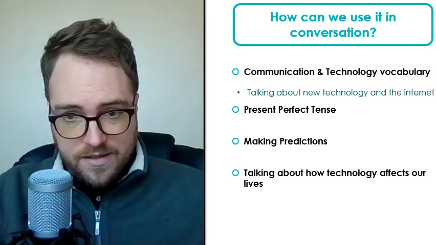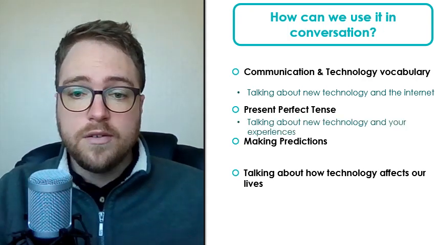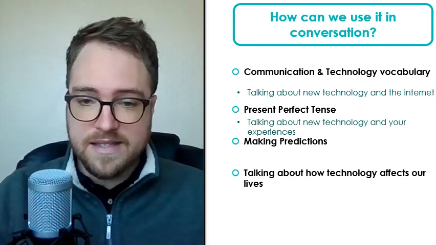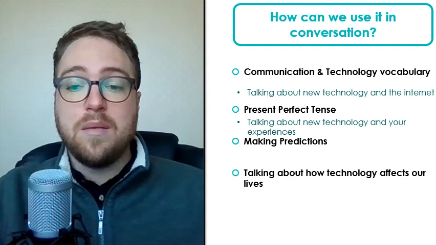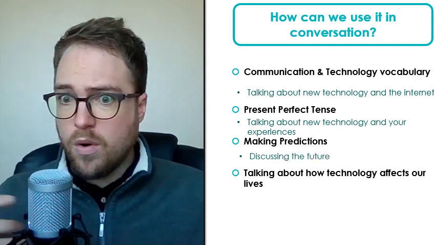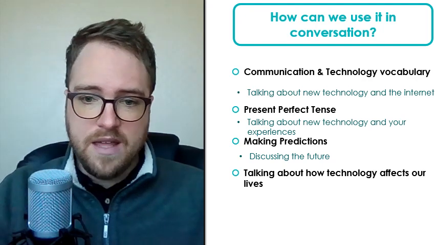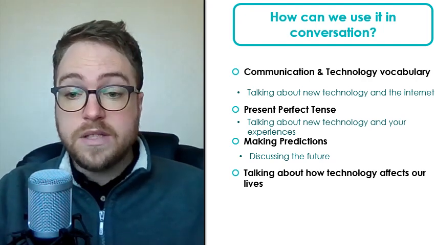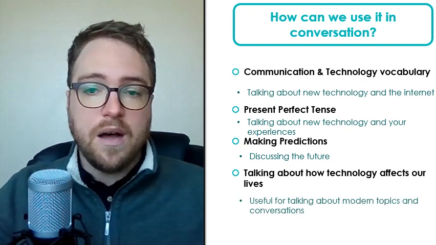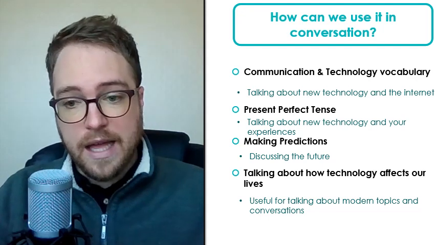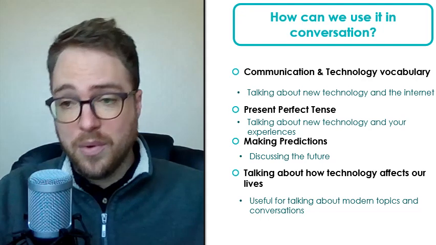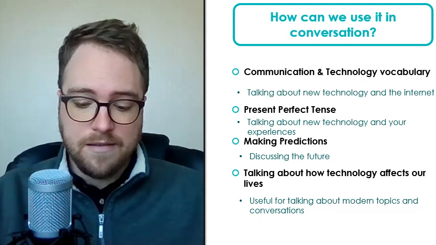Present perfect tense is good for talking about new technology and your experiences. Making predictions is good for discussing the future or future technology. And talking about how technology affects our lives is useful for talking about modern topics and conversations about technology, which is very important in our society.